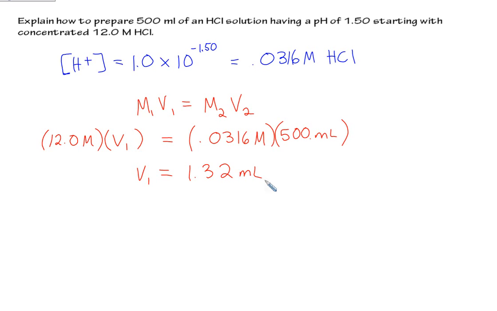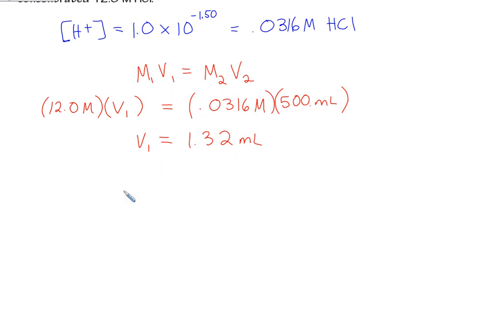Sometimes people can do the calculation, but they don't really know what that means. Explain now how to prepare this solution. We're going to look at the list of equipment that they have available to us.